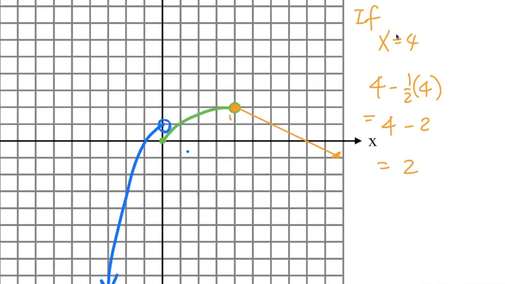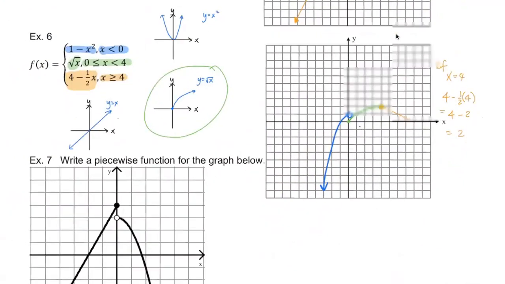It goes down 1 unit and to the right 2 units. That's a -1/2 slope. That's our graph. Done, finished. So easy, very easy.